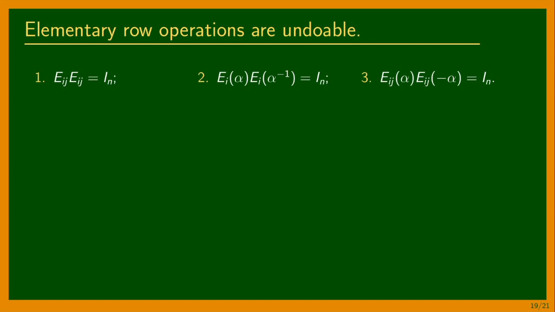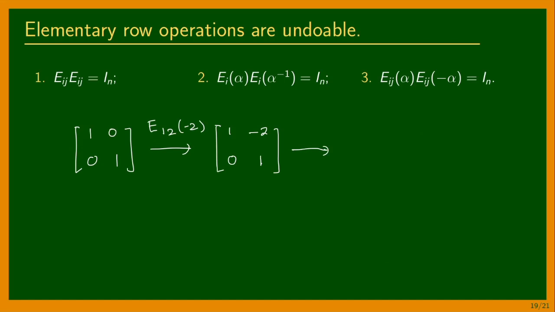Let me quickly show you what's really going on over here. For example, I have 1, 0, 0, 1. Okay? If let's say I perform E1,2, negative 2, I'll be getting 1, minus 2, 0, 1.